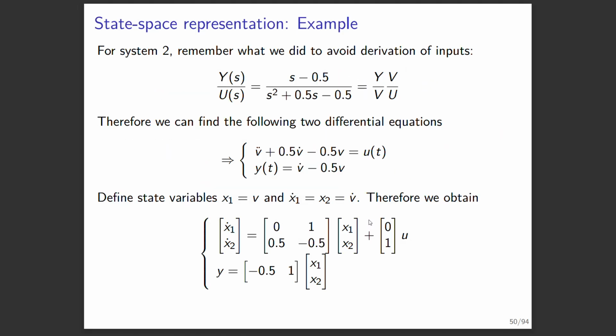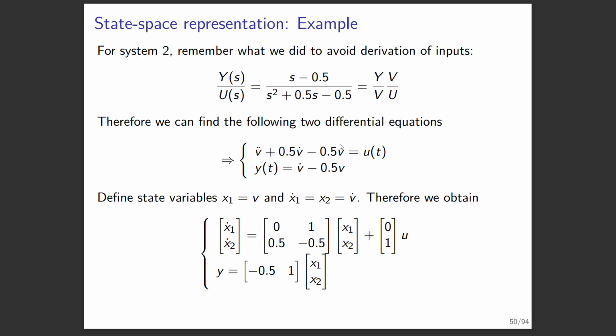So we do that here. Take the Laplace transform, write the transfer function, break it into two pieces, and write two differential equations, which don't have u dot in them anymore, nor do we have y dot. The only variable with dots and double dots is v.